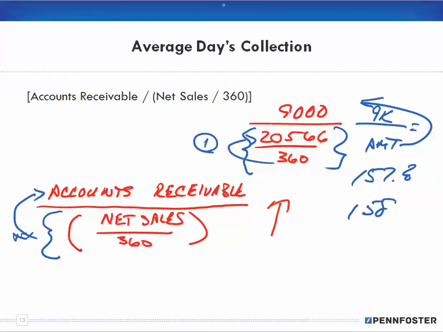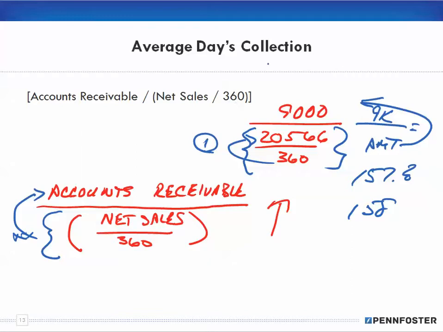And if you think of it in terms of concept, we're talking about average days collection. Average days. If we have our sales, and we want to know what our sales are per day on average, we're going to divide by 360.